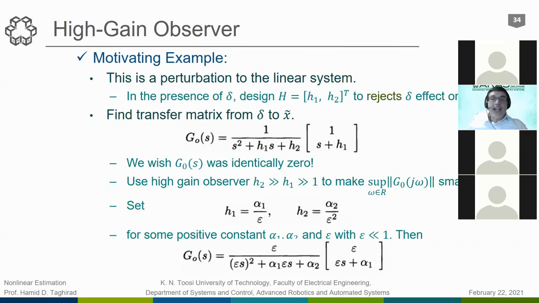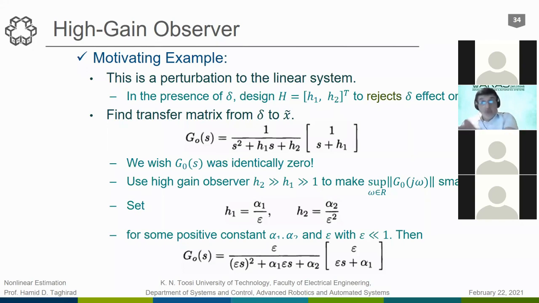Suppose we have a second-order dynamical system: H2 is omega, the natural frequency, squared, and H1 is 2 times eta omega, so H1 is related to the damping coefficient, and H2 to the natural frequency of the oscillation.